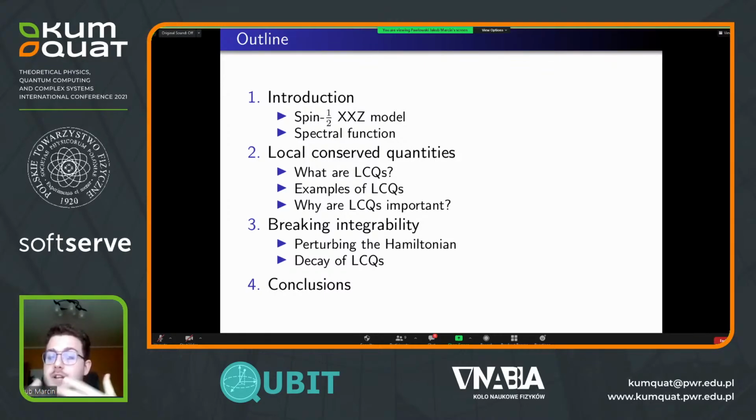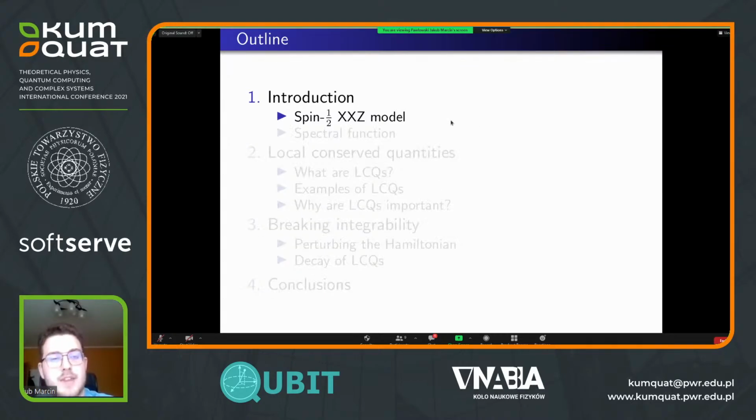Then we'll try to motivate why these conserved quantities are important by introducing the spectral function. Later, we'll define more precisely what conserved quantities are and, more importantly, local conserved quantities. Then we'll proceed to some examples and, once again, say why they are important. And in the end, we'll break everything by perturbing the Hamiltonian and see what happens.